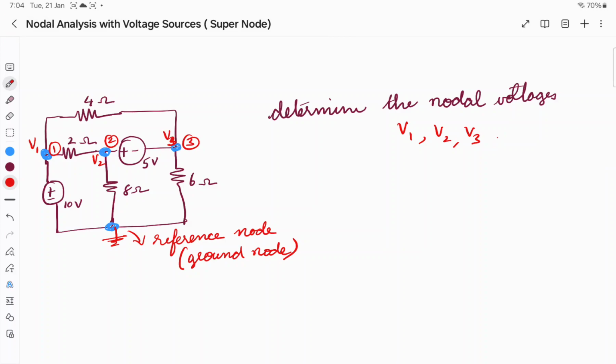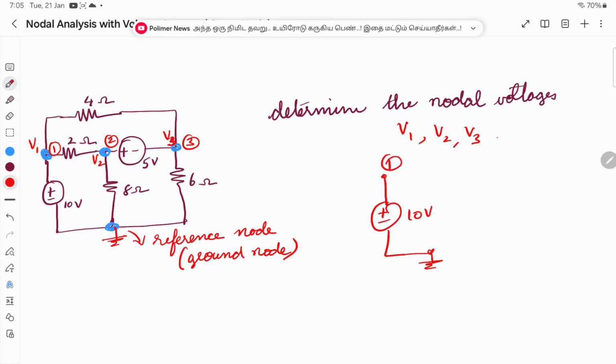One is the 10 volt voltage source, which is between node 1 and the reference node.